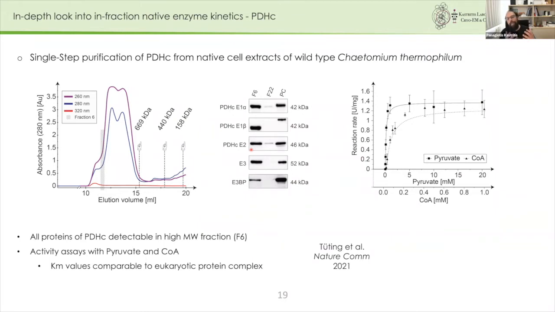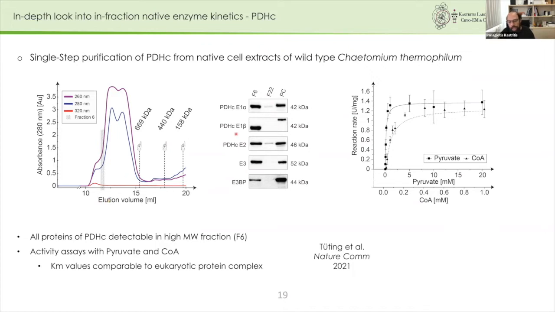After we did this, we also wanted to look at higher resolution at what we have in the fraction and what kind of insights we can get from there. So we wanted to focus on the pyruvate dehydrogenase complex, and we again did size exclusion chromatography of the Chaetomium thermophilum native cell extract, and we collected fraction 6, where there was the highest abundance of the pyruvate dehydrogenase complex that I showed you.